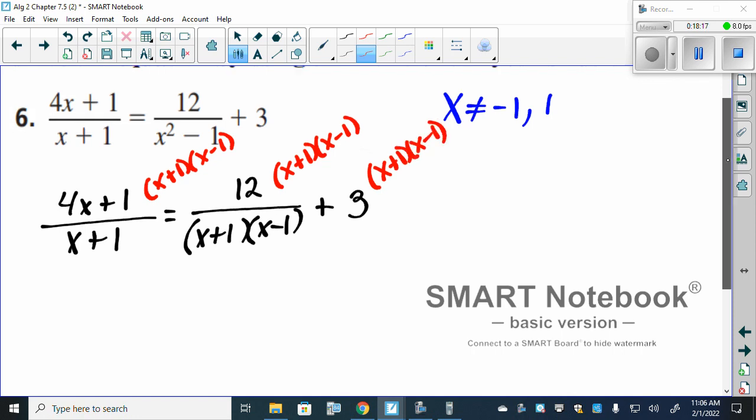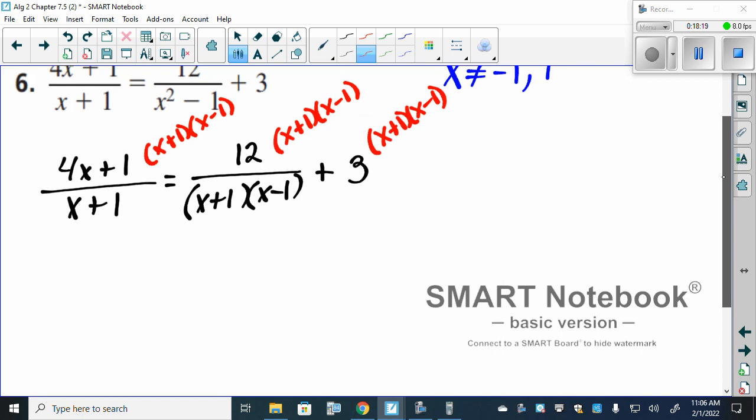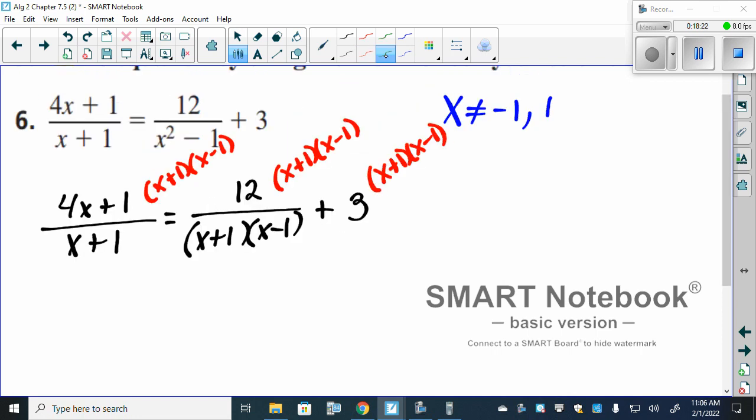So we're going to be multiplying each of these terms by x plus 1 and x minus 1. Now let's see what simplifies out. In the first one, we would have the x plus 1 and x plus 1. In the middle, we'd have the x plus 1 and x plus 1, x minus 1 and x minus 1.